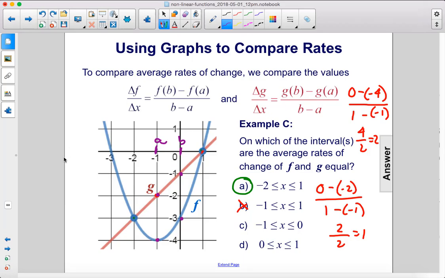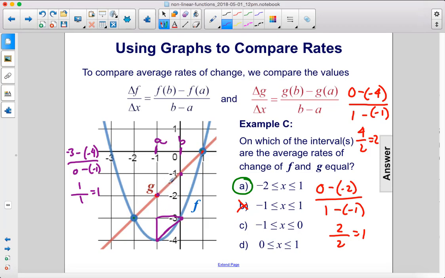So f of b is negative 3 minus f of a, which is negative 4, over b, which is 0, minus a, which is negative 1. So negative 3 plus 4 is 1. 0 minus minus 1 is positive 1. So we have an average rate of change of 1. You go up 1 and across 1, just like that.